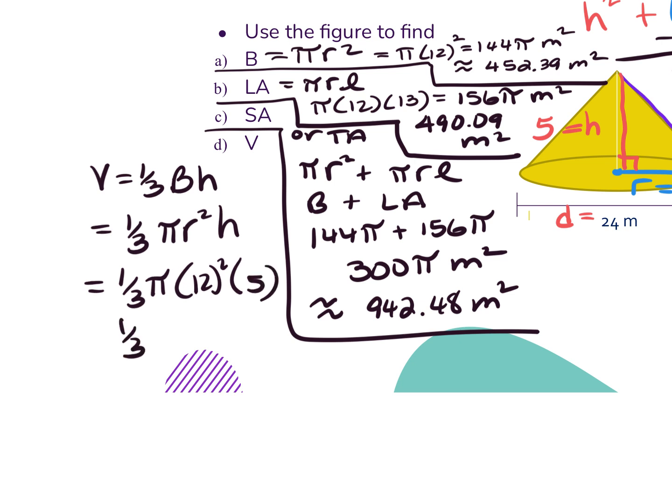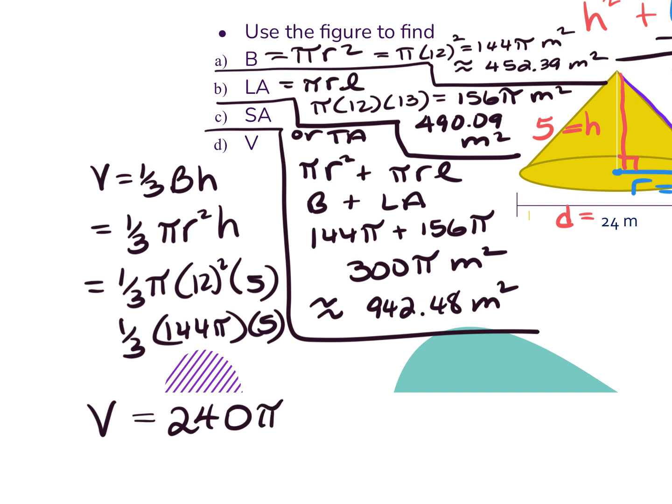So 1/3, 144 pi is the B, and then times 5. So once I multiply those three numbers, I get 240 pi. These would be meters cubed, but rounded to the hundredths place, 753.98 meters cubed.